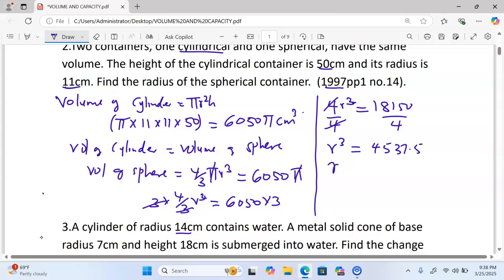That means to get r, we are going to get the cube root of 4537.5, and this is going to give us 16.56 centimeters, correct to 2 decimal places.